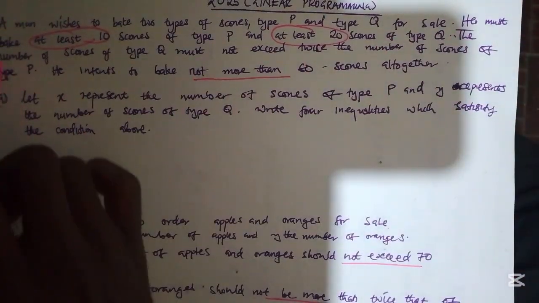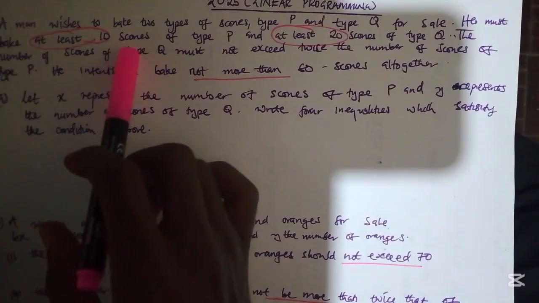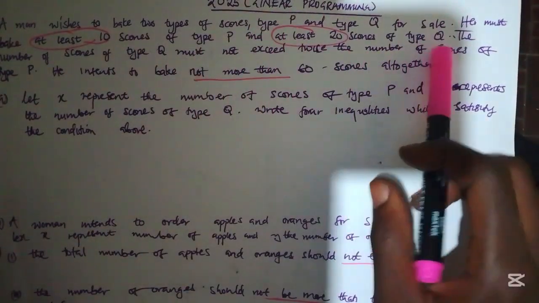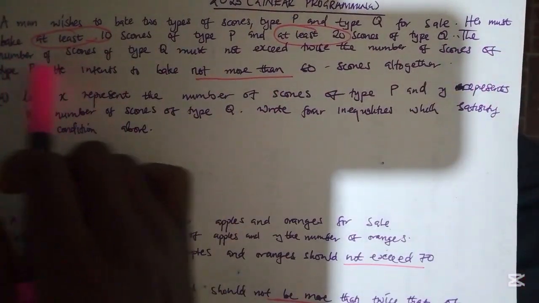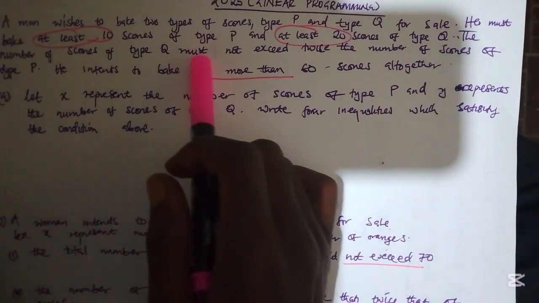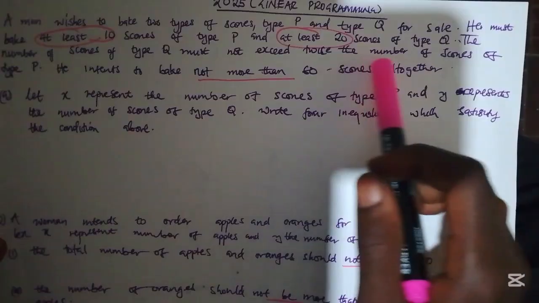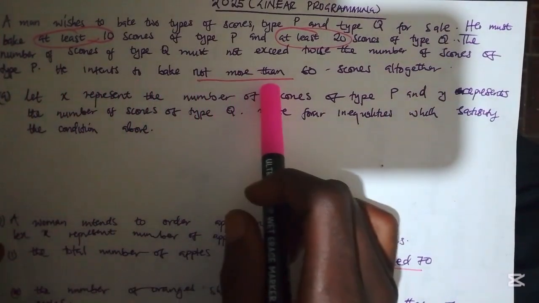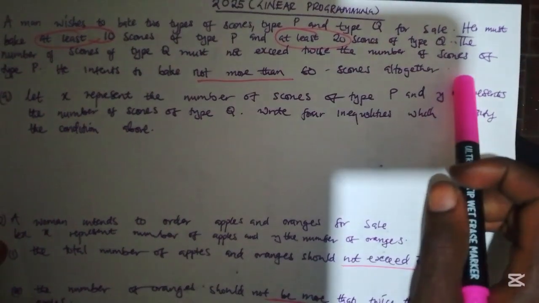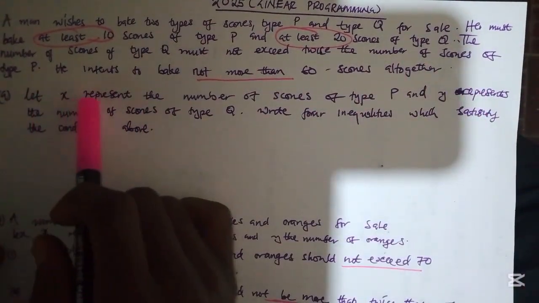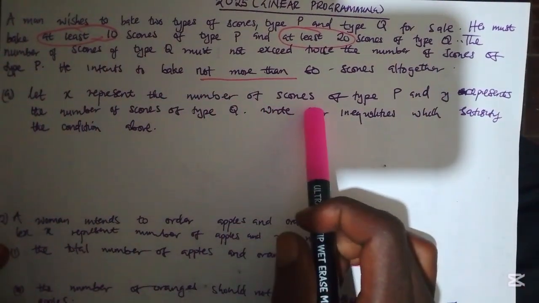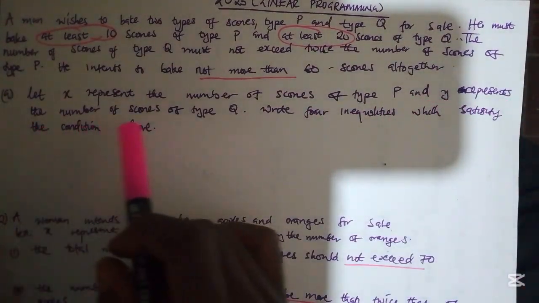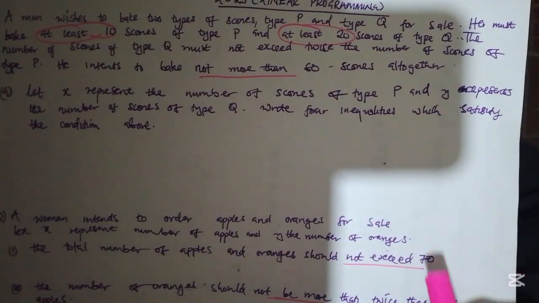He must bake at least 10 scones of type P and at least 20 scones of type Q. The number of scones of type Q must not exceed twice the number of scones of type P. He intends to bake not more than 60 scones altogether. Let X represent the number of scones of type P and Y represent the number of scones of type Q.